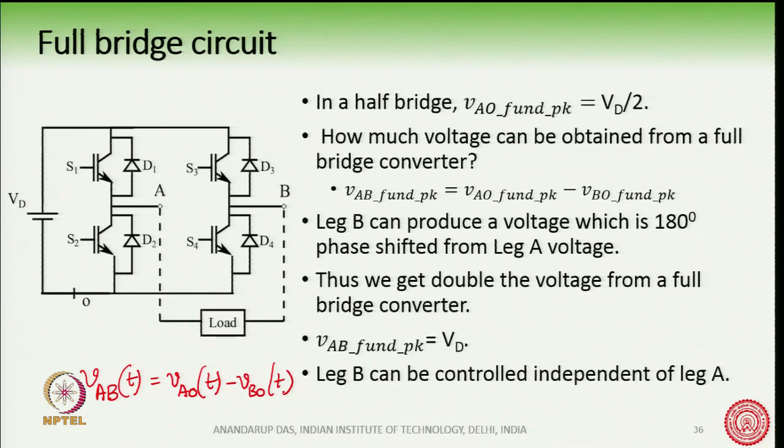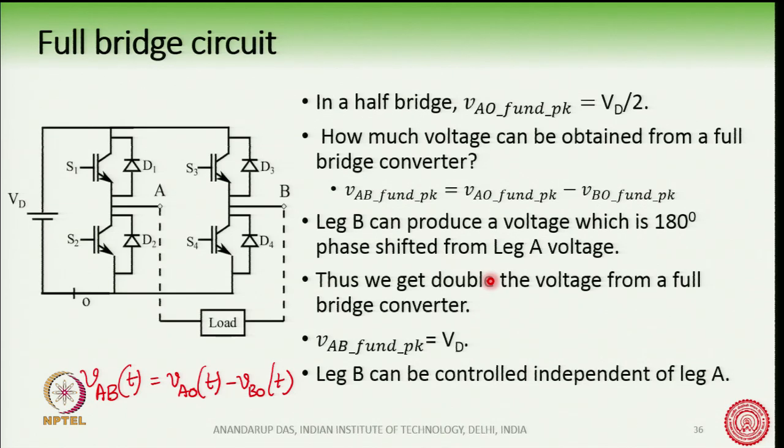Therefore, the total voltage which can be obtained across A and B is the difference of voltage between what I obtain from leg A and leg B. So, if now I produce a voltage where the voltage produced by leg B is 180 degree phase shifted from the voltage produced by leg A.